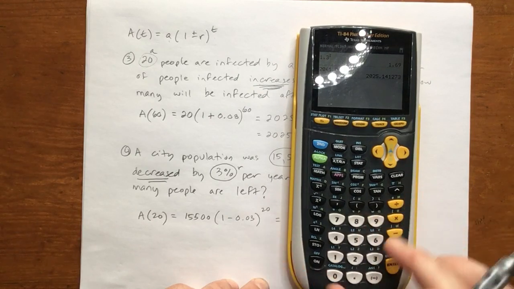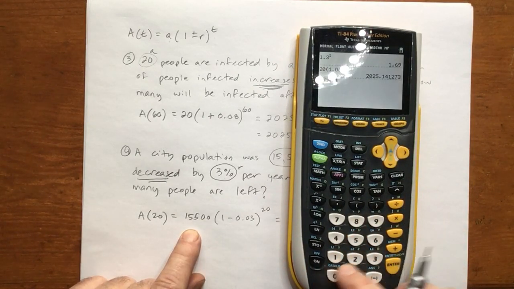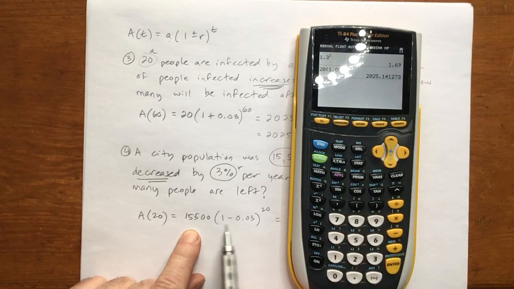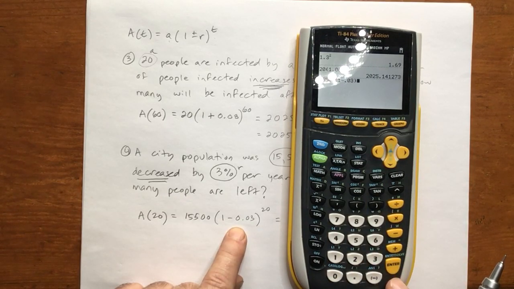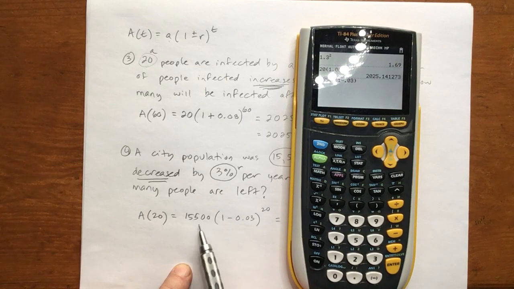Hope you can see that. So I have 15,500. We can do this in our head, or you could use your calculator to do it. Here, I'll use the calculator. But we're going to get, basically, isn't that 97%? So what that means is each year, you'll have 97% of the population that you had the previous year.